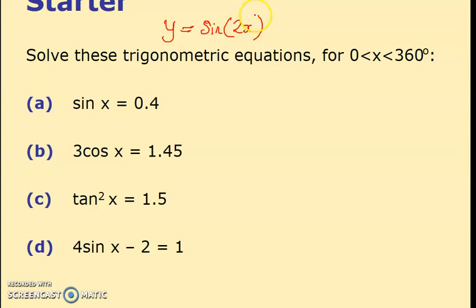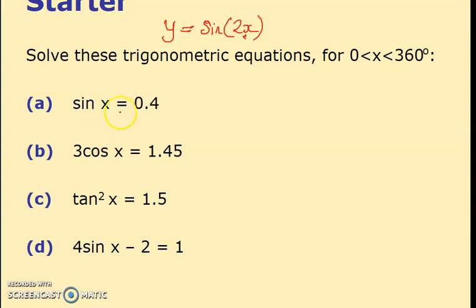And we've said whenever it's in the brackets, you might think it's a stretch, and because it's in brackets, it's a stretch in the x direction by a scale factor of 1/2. We talked about all those transformations, and today we're going to do something to the x in the bracket, which will change the trigonometric equation. So that's what I mean by transformed trigonometric equations.